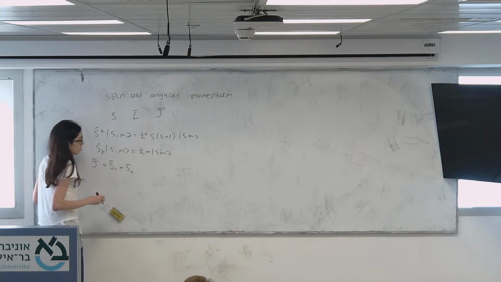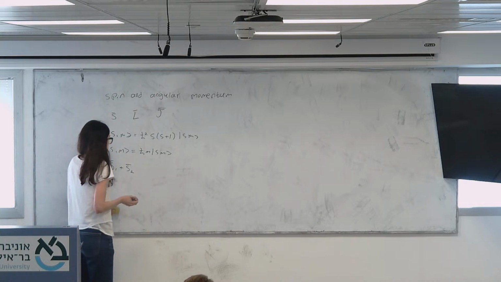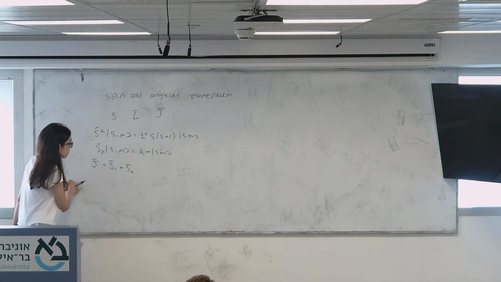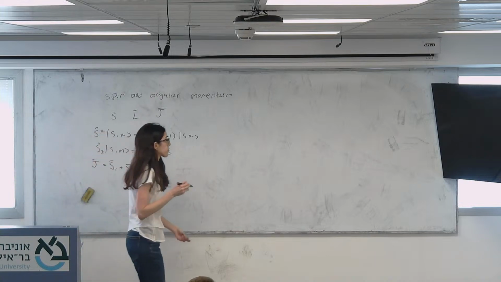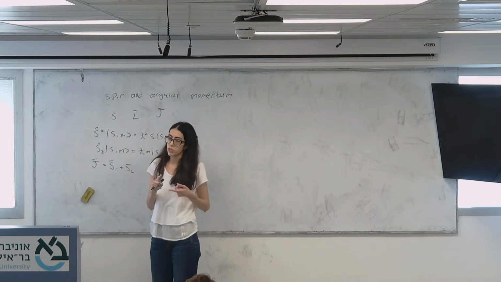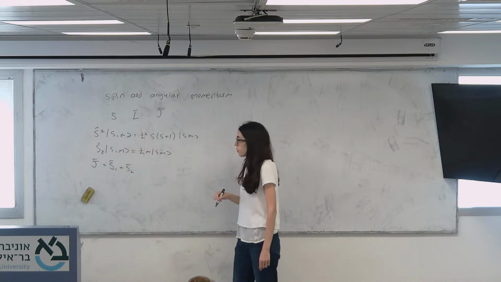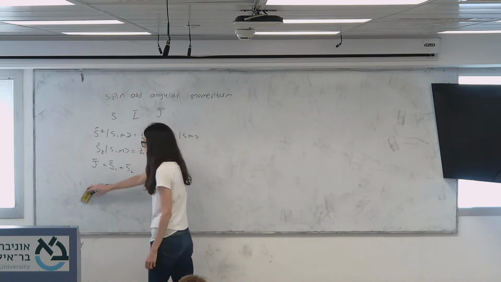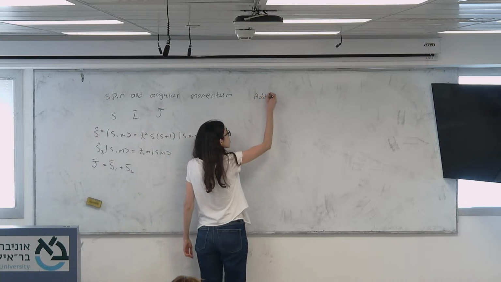We're going to talk mostly about spin, so I'm going to use S. If S1 and S2 have two quantum numbers each, S1 and m1, etc. So let's do addition.